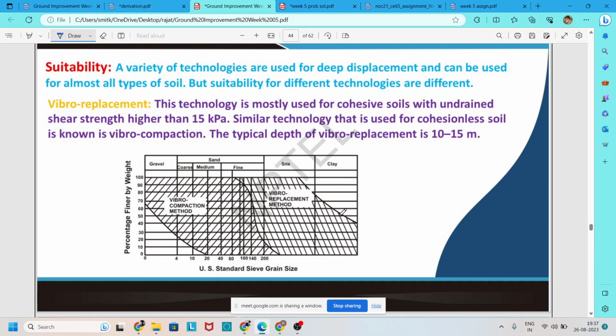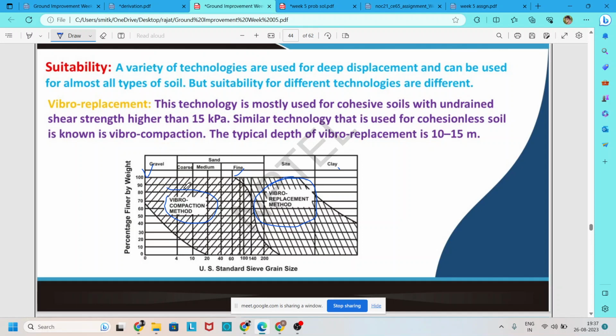We see that the vibro compaction method is mostly suitable for gravel to fine or coarse sand, but for finer sand or fine material to clay, the vibro replacement method is most suitable. So based on the particle size, we need to select different types of technique.